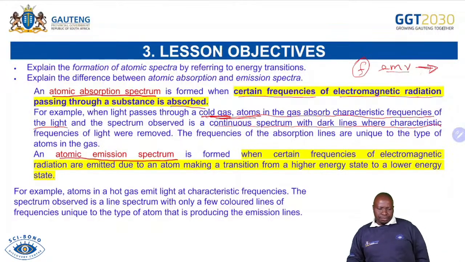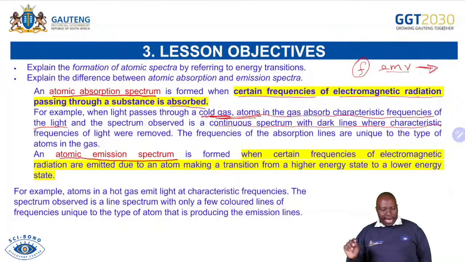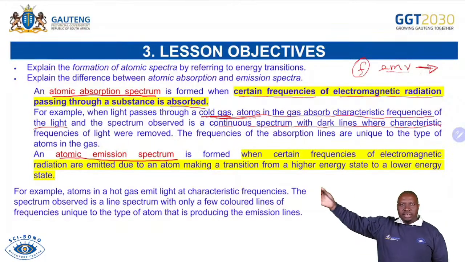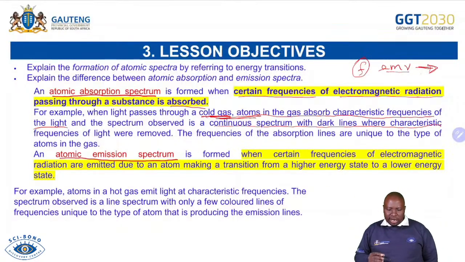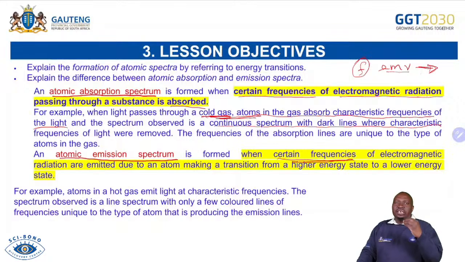Now let's look at the atomic emission spectrum. As the word says, emission: you can see that now we're not absorbing, but we're releasing. The main thing is that we must have certain frequencies of electromagnetic radiation. That's what makes these definitions easy.